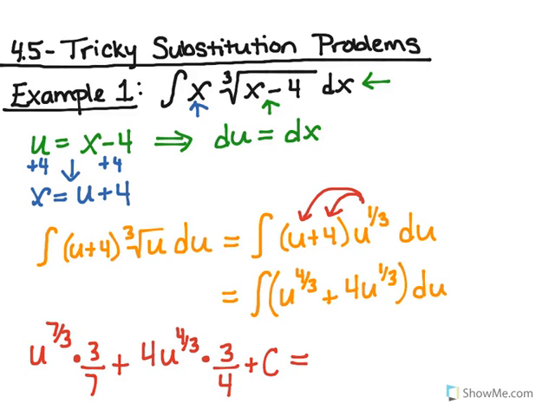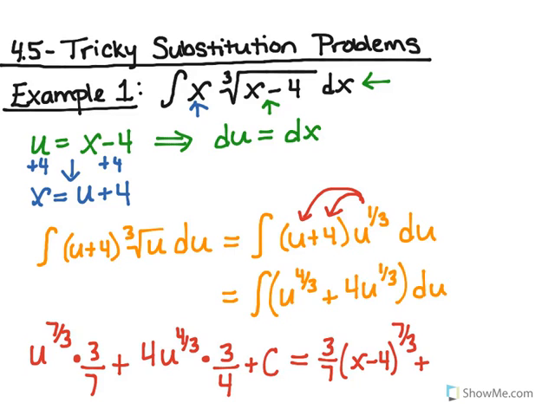Now remember, you're allowed to keep fractional exponents as long as they're positive. So the first term is 3/7 u to the 7/3, or 3/7 times, u was x minus 4, so I put in x minus 4 to the 7/3. And then I have plus.